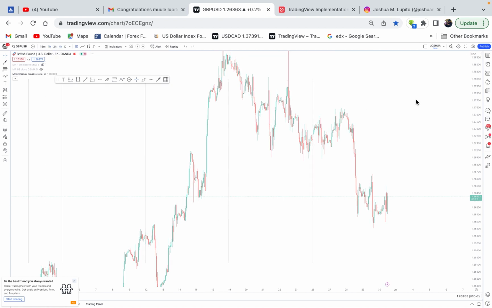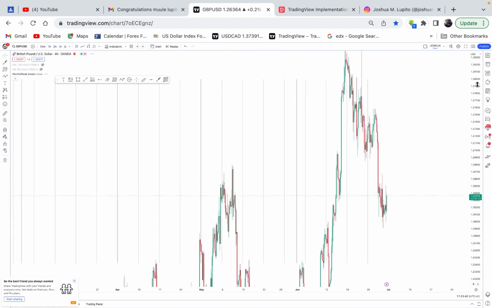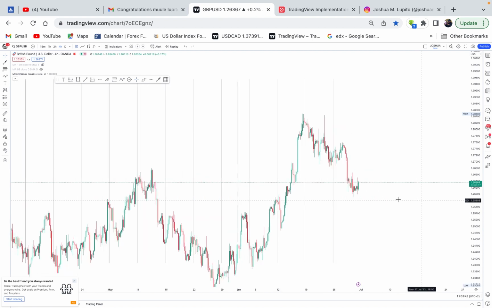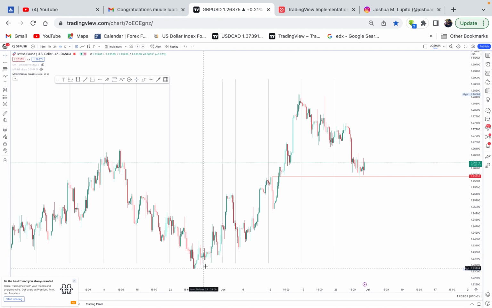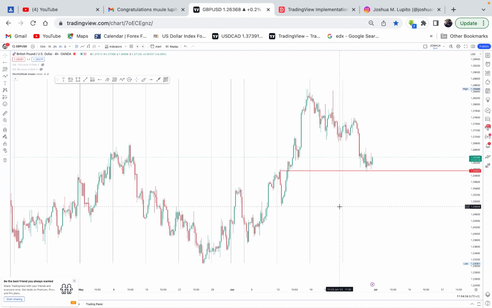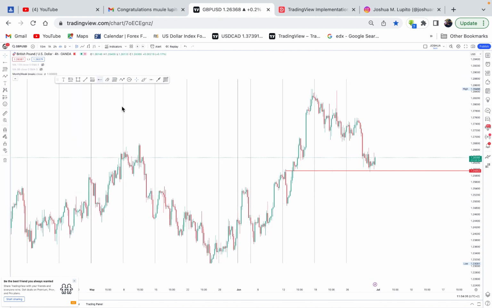So this is our GBPUSD. If we start with the higher time frame, such as the 4-hour time frame, we can see that the market is currently at this support level there. The market has been giving us an impulsive move to the upside, corrective move, impulsive, corrective move, impulsive. This could be a sign of a corrective move.